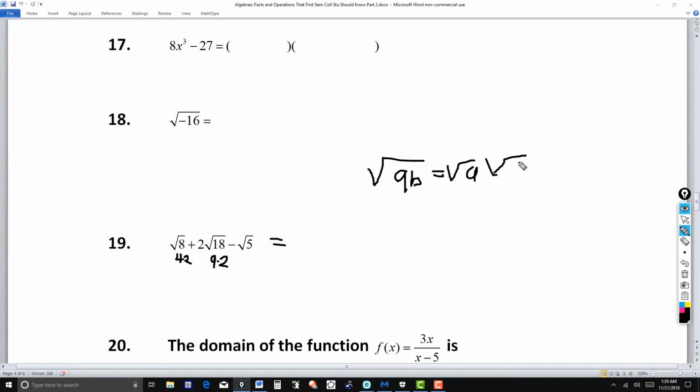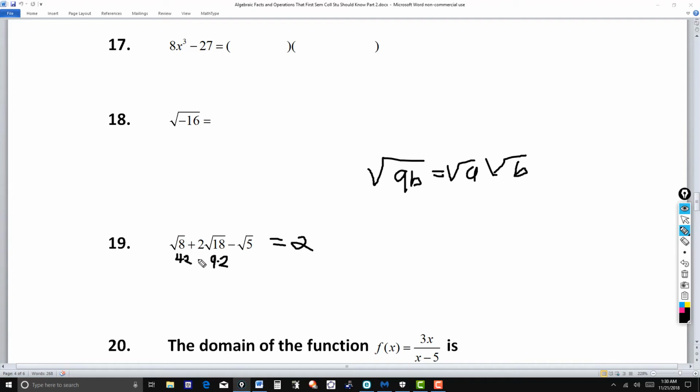Okay, so let's see if we can finish that. Okay, so this breaks down then to the square root of 4 is 2. And the square root of 2 is the square root of 2. That's as far as we can go unless we use a calculator.